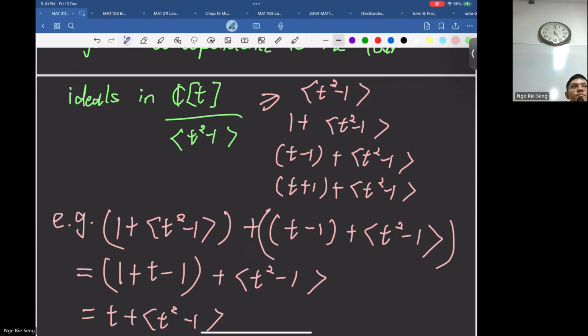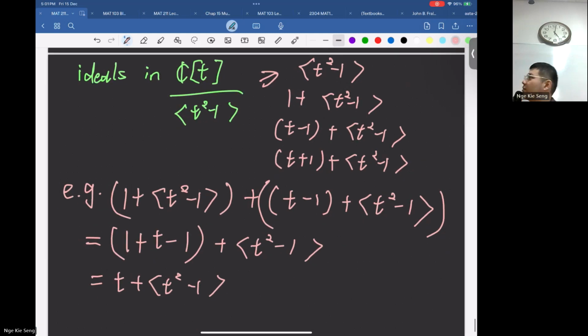How to show? Do you know how to show? T lives in which coset actually? 1 plus T?